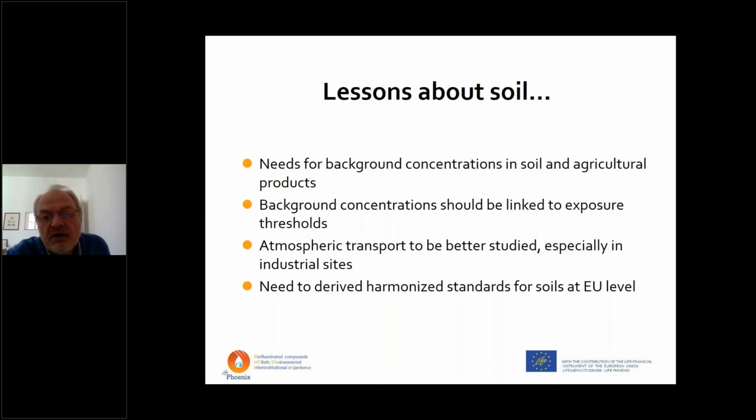And why is there this background concentration? Maybe a component comes from atmospheric transport, especially from landfill, maybe from normal use, waste recycling, and also the wasting of our products.